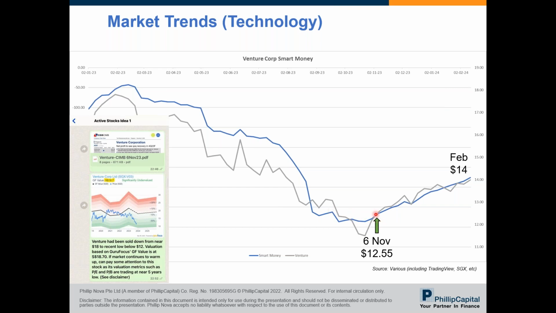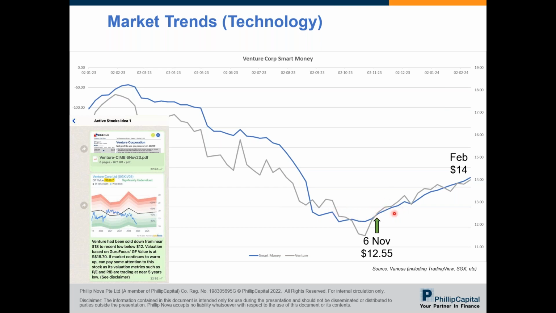As Venture breaks above the first key resistance level, it alerts me that there's a possible opportunity for this stock. Of course, a lot of the time we want to be more confirmed, so we can wait for the second key resistance point to be broken through.